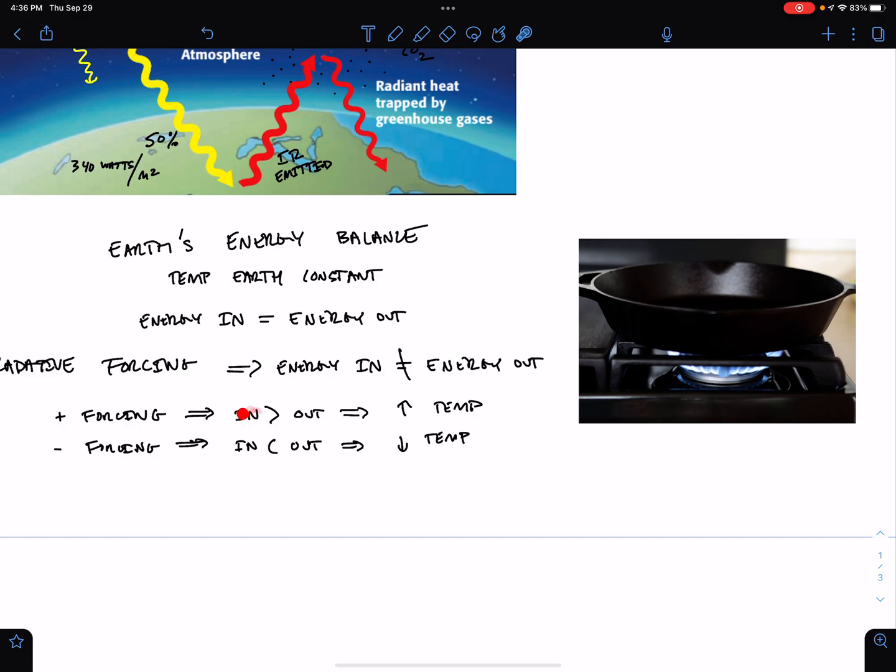So because the energy in is greater than the energy out, and we have a positive forcing, the temperature of the pan is going to heat up. But the pan is not going to heat up indefinitely, to infinity.